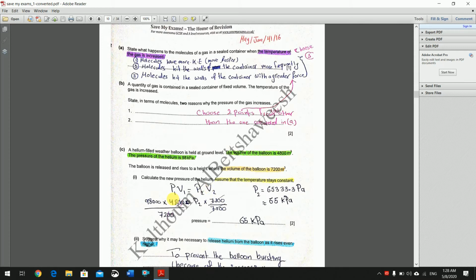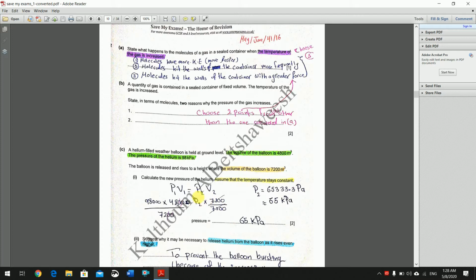So P1, which is 98 kilopascals, so here instead of the kilos I put these 3 zeros, times V1, which is the initial volume, the volume before the release of the balloon, equals P2, which is the new pressure that I want to find, multiplied by V2, which is 7,200 meter cubed.